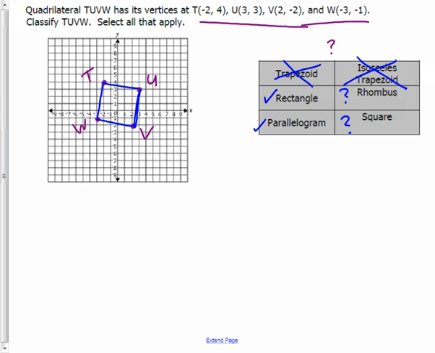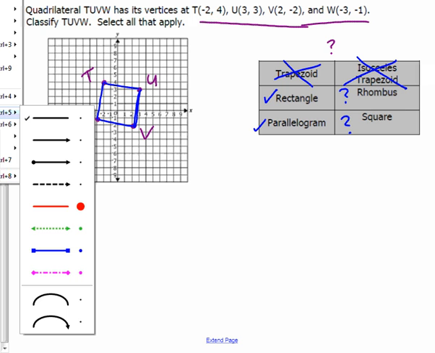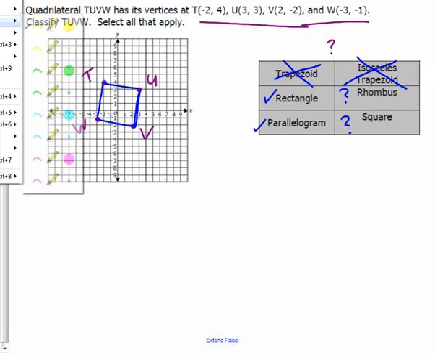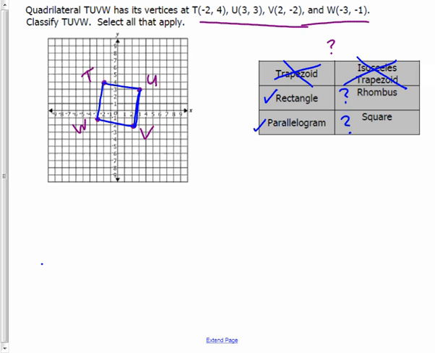The way we can prove this for sure is with a ruler. If I can get my ruler on here. Nope. All right, well, if that's not working, you can do slope as well, or the distance formula too.